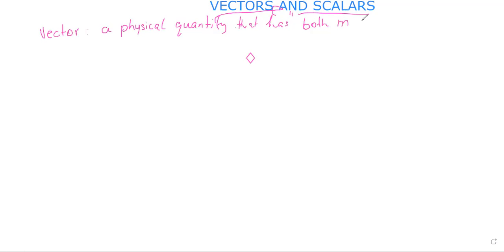We are going to have a look at vectors and scalars. Now, what is a vector? A vector is a physical quantity that has both magnitude and direction.